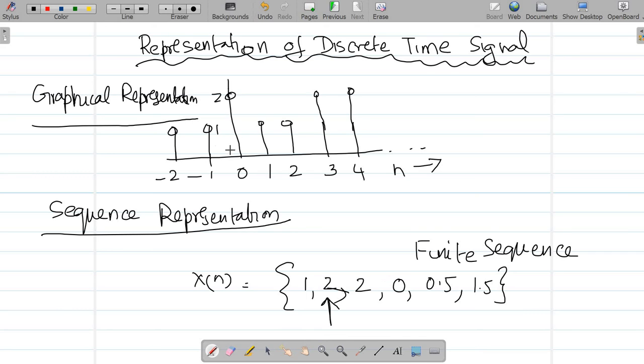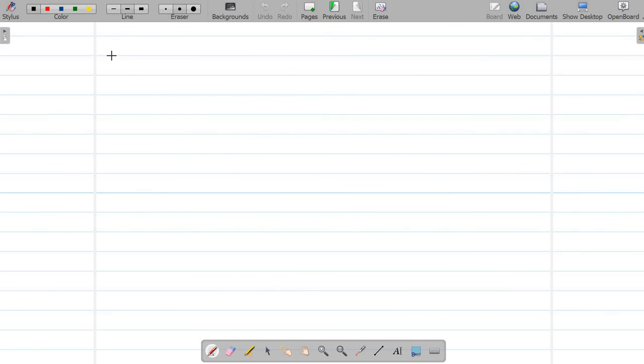Let us try to understand another type of representation of discrete time signals. The next representation is the functional representation.